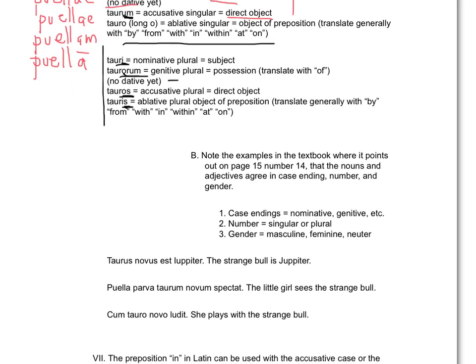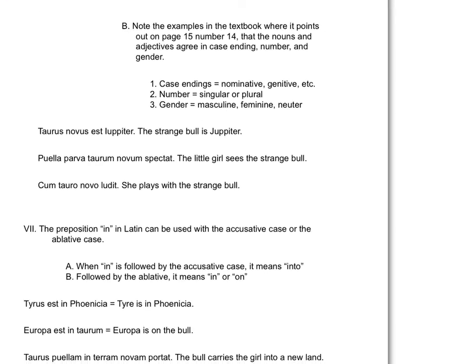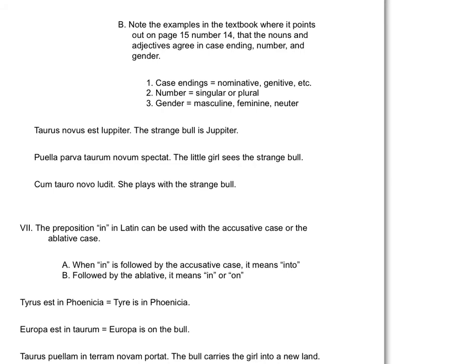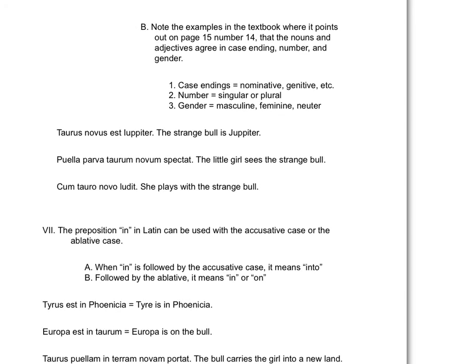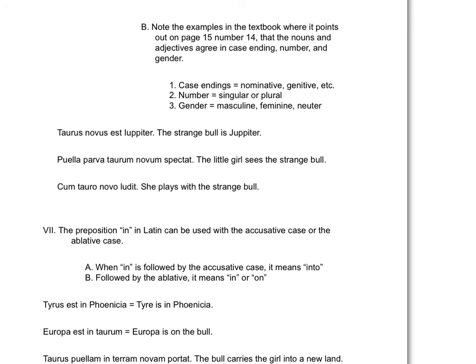The examples in the textbook, it points out on page 15, number 14, a very important point, that nouns and the adjectives that modify them always agree, that is to say, they always have the same case ending, number, and gender.